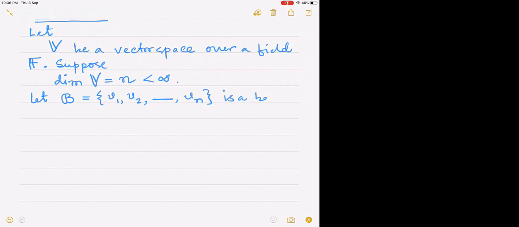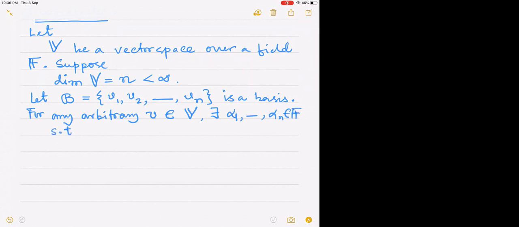Then that means for any arbitrary v in the vector space, there exist alpha 1 dot dot dot up to alpha n from the field such that v is equal to alpha 1 v1 plus dot dot dot up to alpha n vn, right?